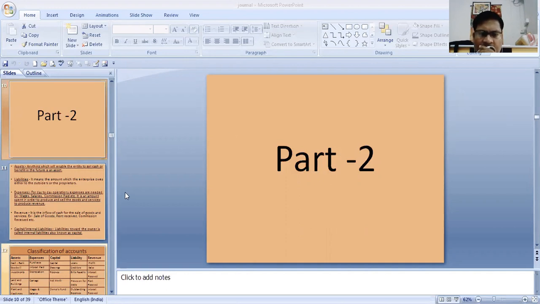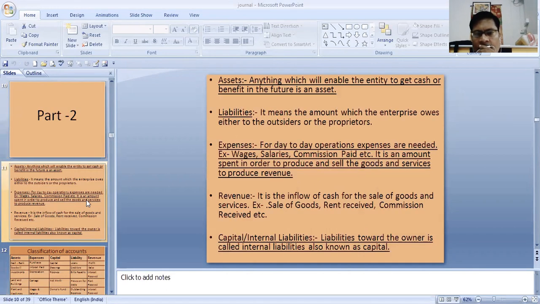These headings are assets, liabilities, expenses, revenue, and capital. Assets and expenses have a debit balance, and liabilities, revenue, and capital have a credit balance.